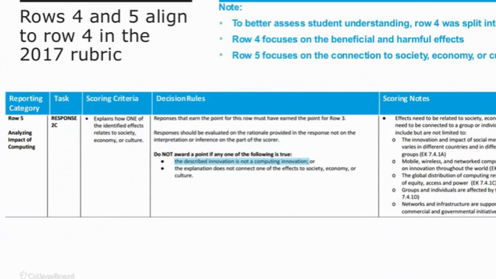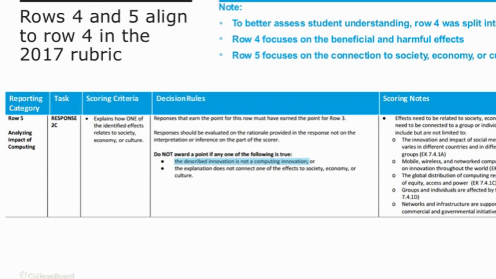One of the things that was talked about a lot at the reading was, what did we mean by society, economy, or culture? And how many people does that make up? Looking at the course and exam description, what we say there is that the effects have to be connected to a group or individuals. So not just one, right?